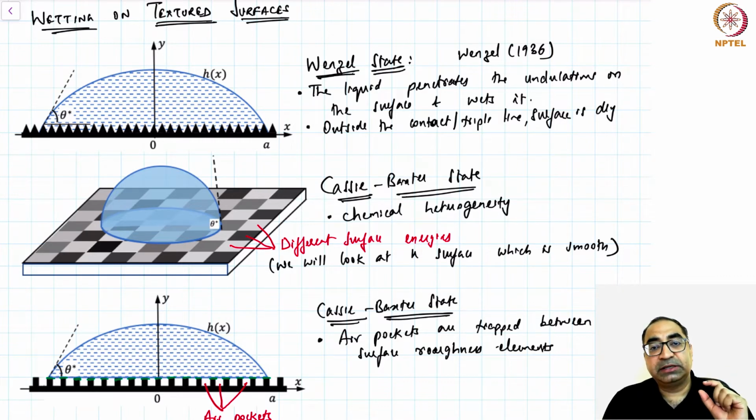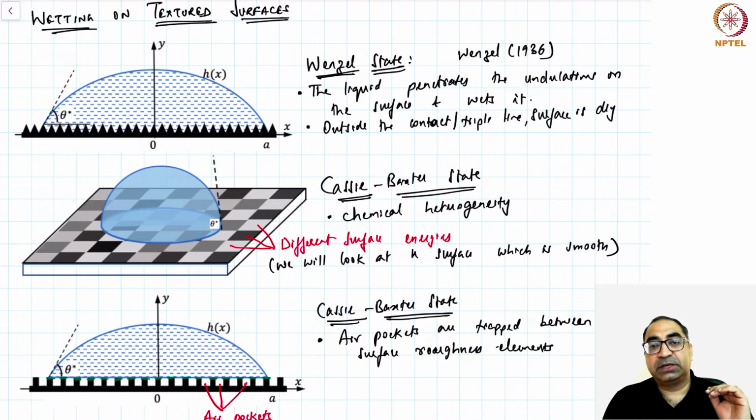And finally, the third case, which we have to look at, is the case where the droplet is actually supported on tiny pillars, and between the droplet and the pillars, air is entrapped. And that's the case we're looking at in today's lecture.